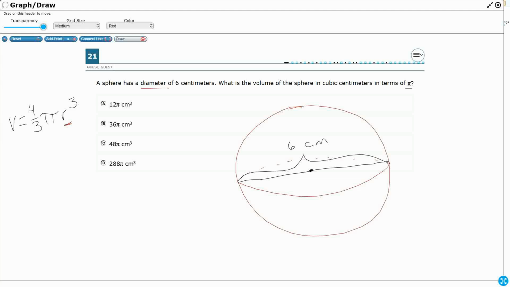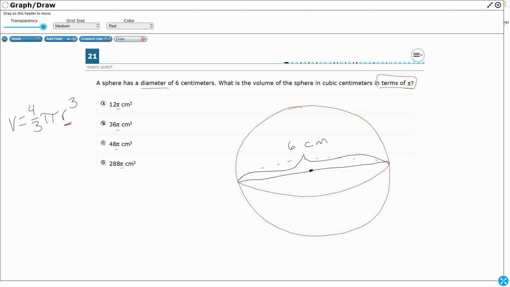And we do need to come back to this. You notice that we don't need to simplify pi. When they say in terms of pi, take a look at all of our answers. All of our answers include pi because pi is an irrational number, right? It is the ratio of the circumference to the diameter, and it is a non-terminating decimal, 3.1415.